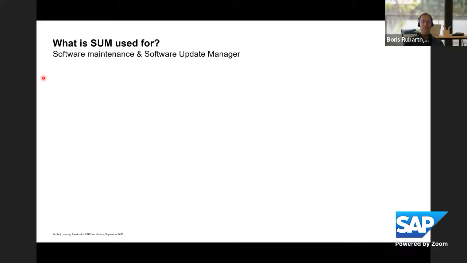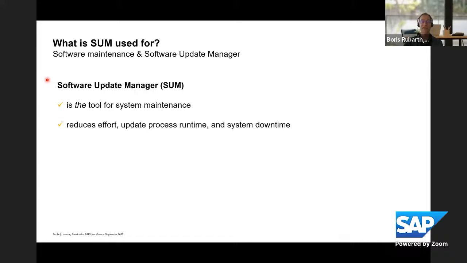So it is about software maintenance, and the general statements are: the Software Update Manager, the SUM tool, is the central tool for system maintenance. It's a tool that reduces effort, that reduces the update processing time of such a maintenance event, and it is capable of reducing the system downtime as well.